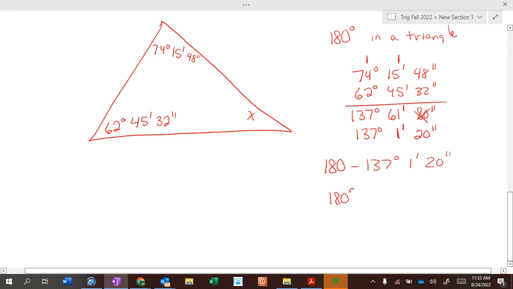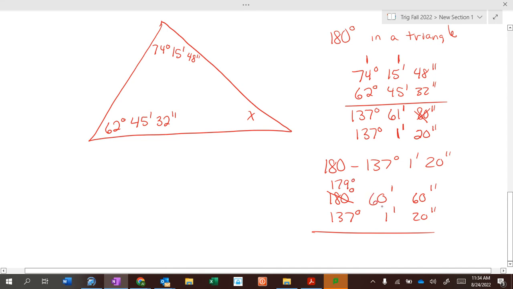Because 180 degrees, 0 minutes, 0 seconds, minus 137 degrees, 1 minute, 20 seconds. 0 minus 20, you can't do that, can you? You need to make this 60, which then you have to borrow from this. Well, you can't borrow from that until you borrow from this. So 180 degrees is really 179 degrees.